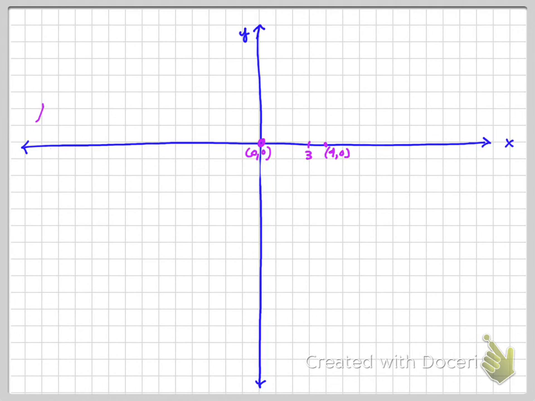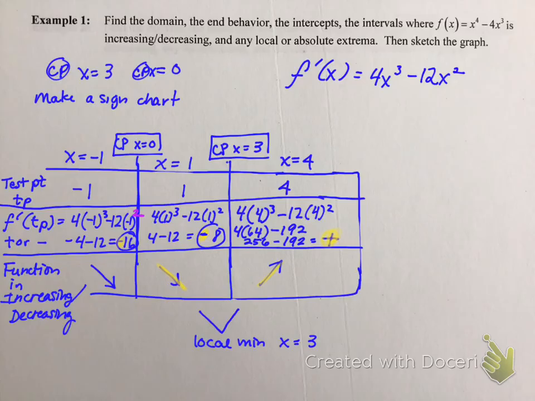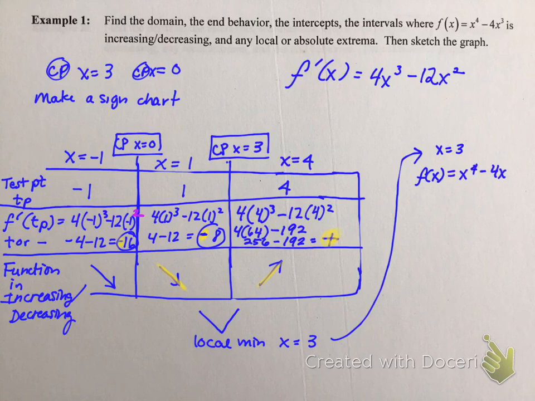So let's talk about what we know. We're going to go back for a minute. To find where that local minimum is, you're going to have to find your y value. So if x equals 3, I'm going to plug this into my original function. And my original function was x to the 4th minus 4x cubed.